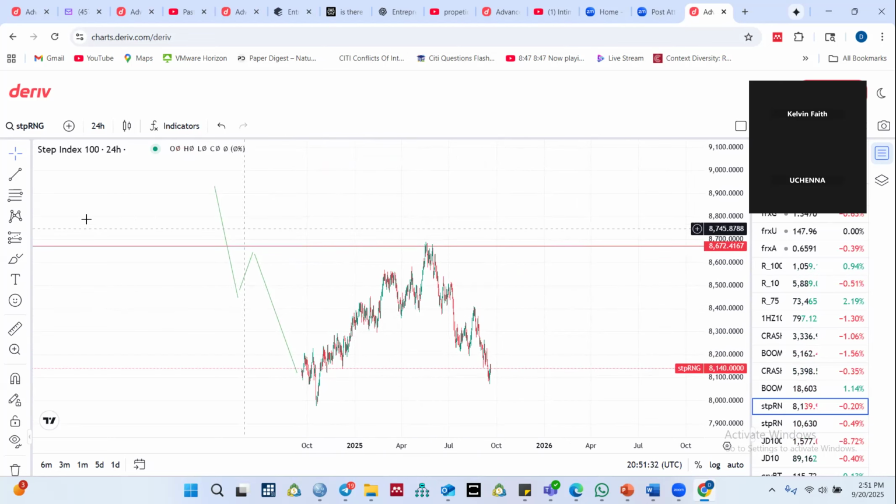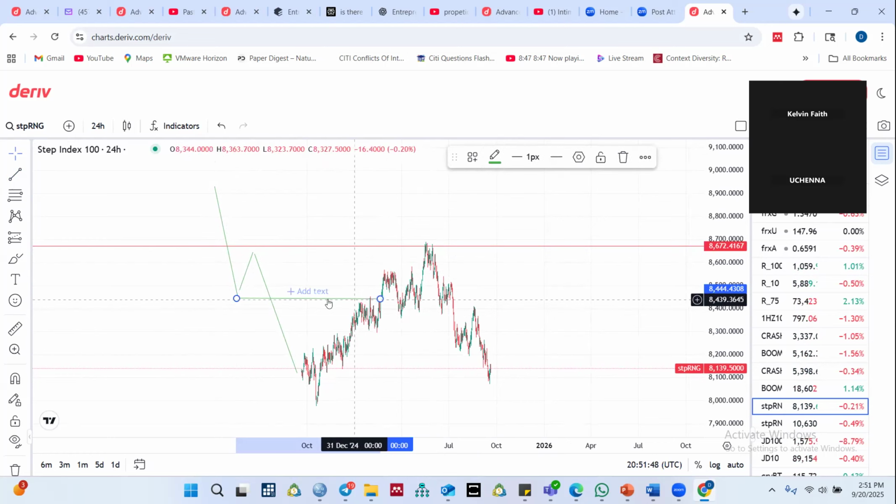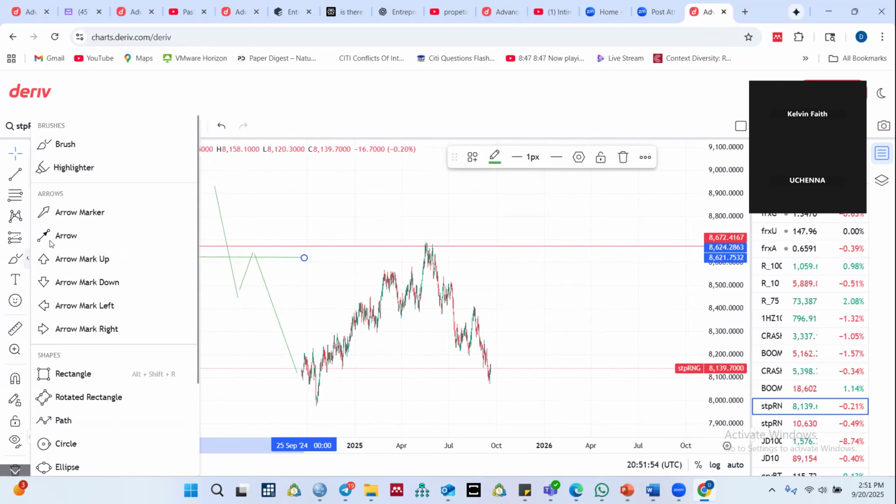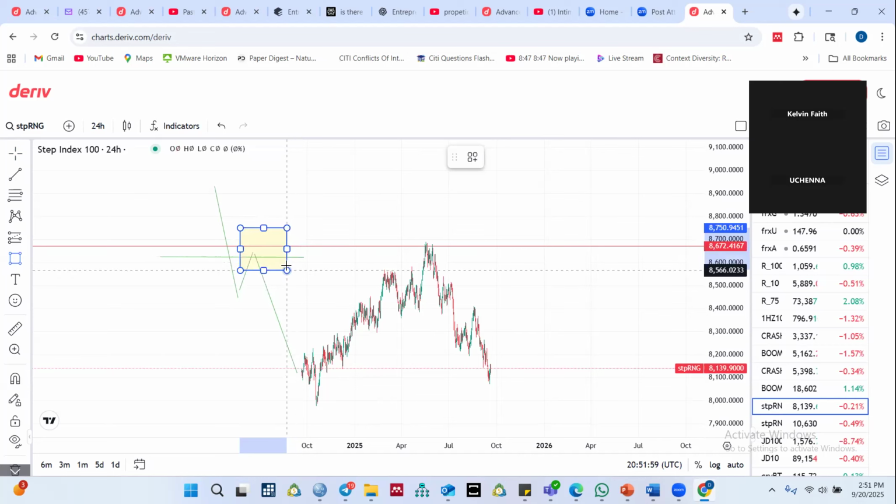So it feels like this is just a pullback or a retest of some kind of previous low, like a break of this low and a retest of that, and some liquidity sweep around this area.